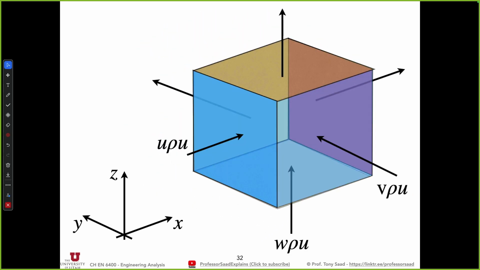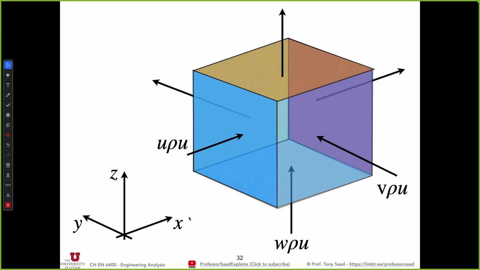Now, when you look at the x component of momentum advective flux, u rho u is coming through x faces, v rho u is coming through y faces, and w rho u is coming through z faces, coming and leaving, okay? So those are the components. We split them up. Now what matters is the rate of change, right?